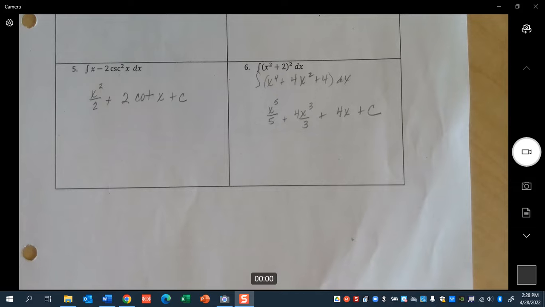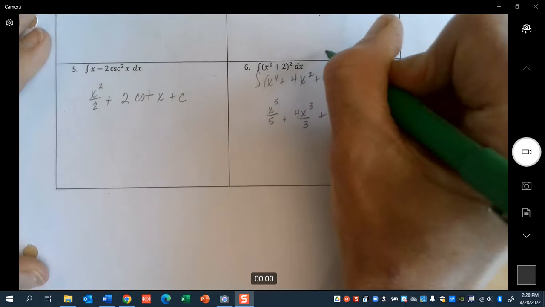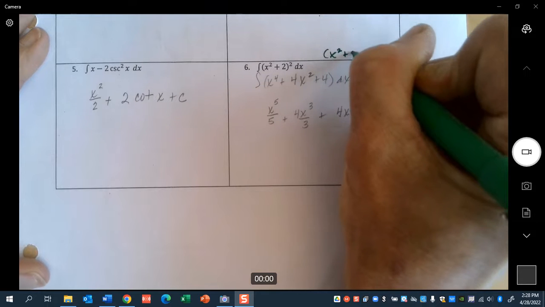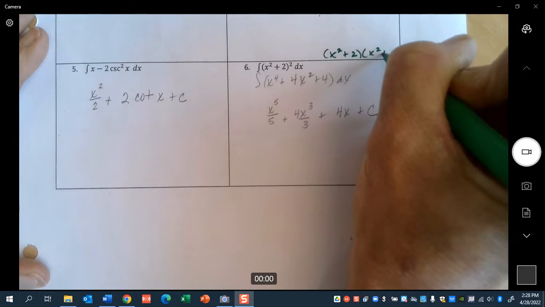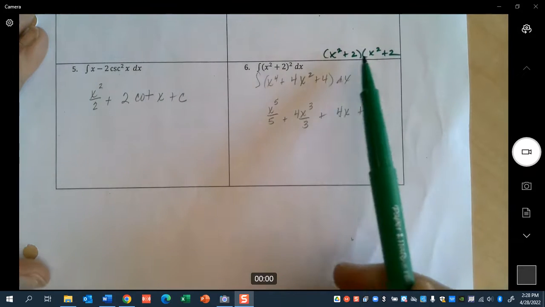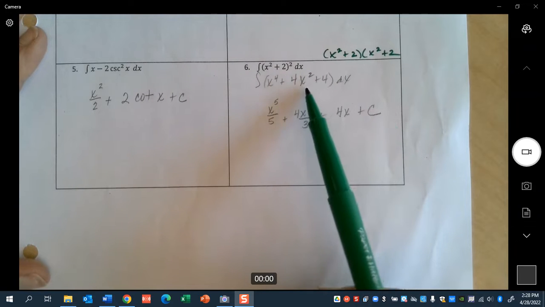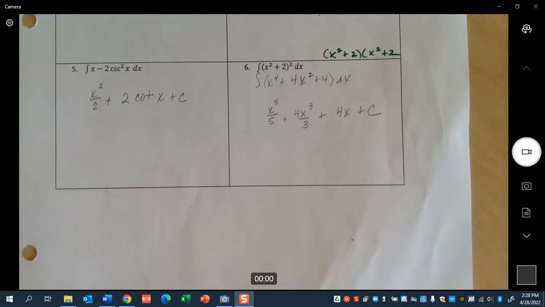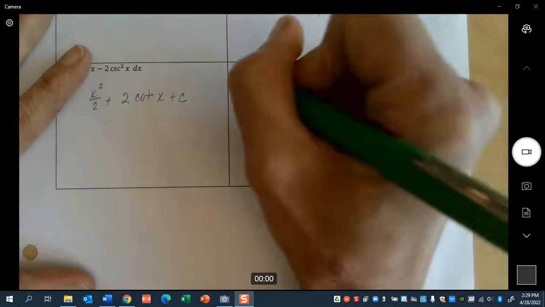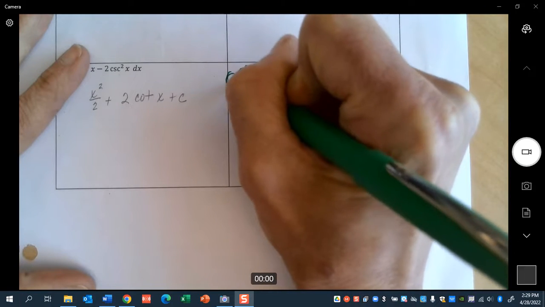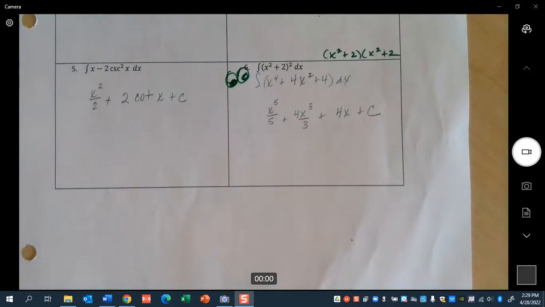So x squared plus 2 squared is x squared plus 2 times x squared plus 2. So my first terms, my outer and inner, and my last terms. And once I simplify this, and this is again one of the ones that I look to simplify.